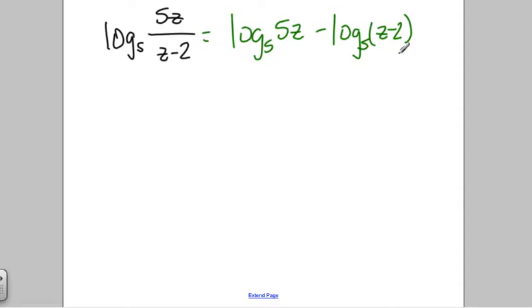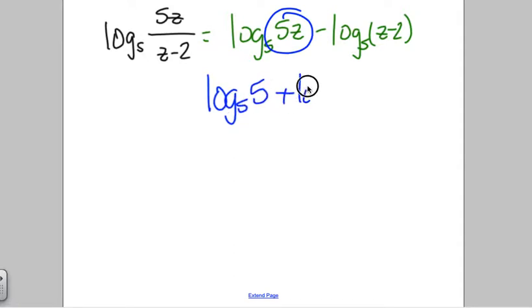So this right here does not separate. But I can separate this 5 times z because I'm multiplying inside the logs. So I separate that by saying log base 5 of 5 plus log base 5 of z minus log base 5 of z minus 2.